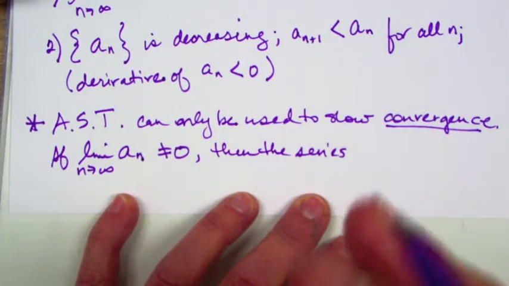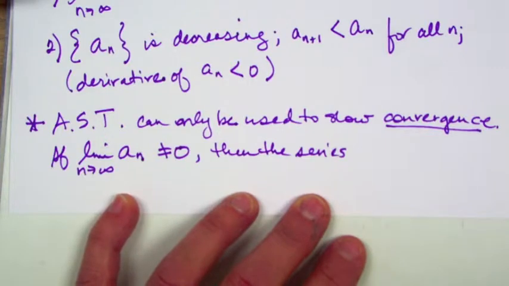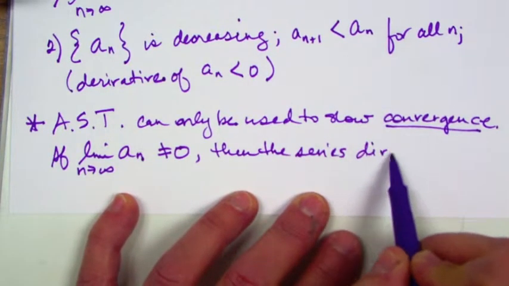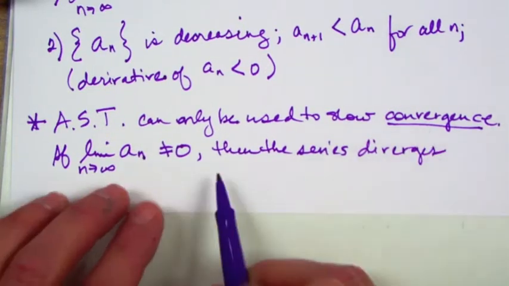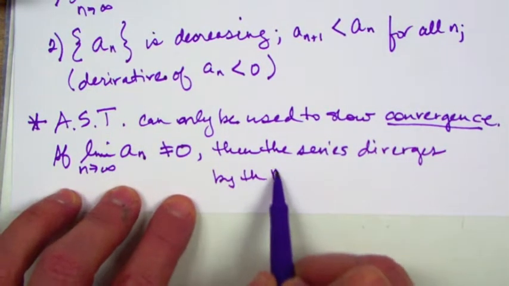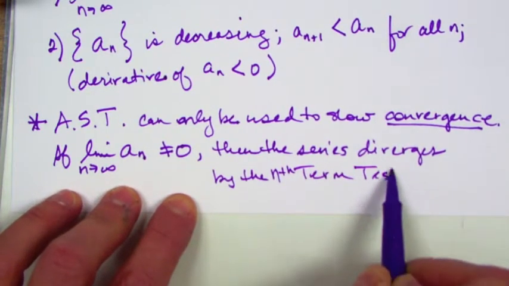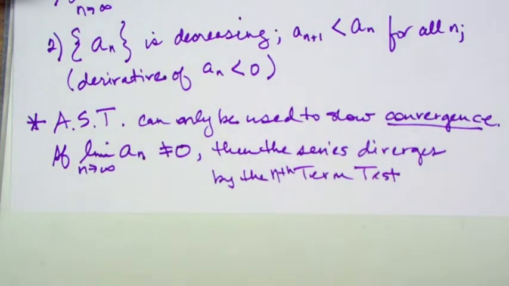Not converge, which is the same as diverging. Okay. Then the series diverges by the nth term test. It's not diverging by the alternating series test, it's diverging by the nth term test.